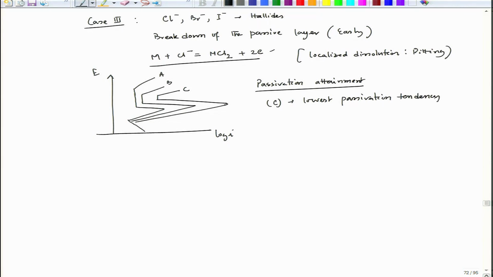Why? Because its I critical of C is greater than I critical of B, greater than I critical of A.